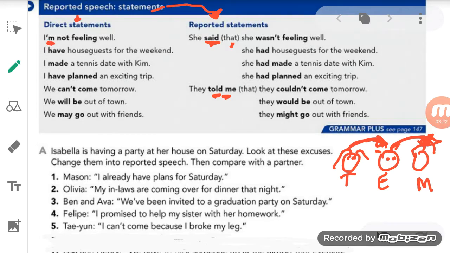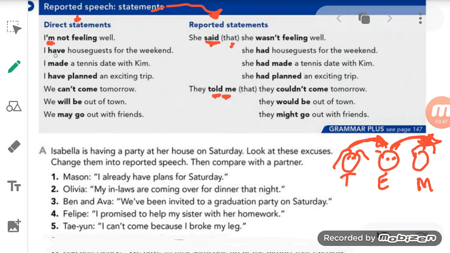When you transfer the information, if the original message was in present, you need to use the past. What is the past of the verb be? In this case, wasn't.